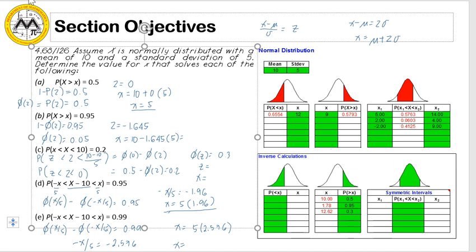So correction, this should be x is equal to 10.